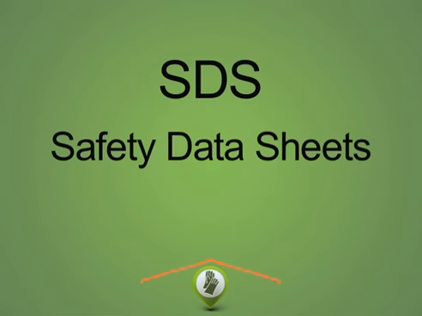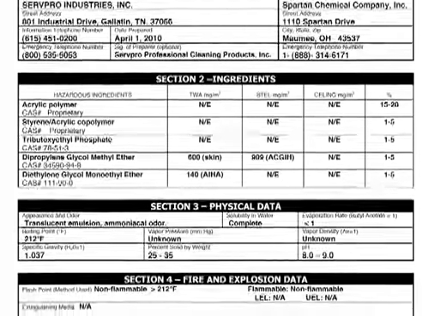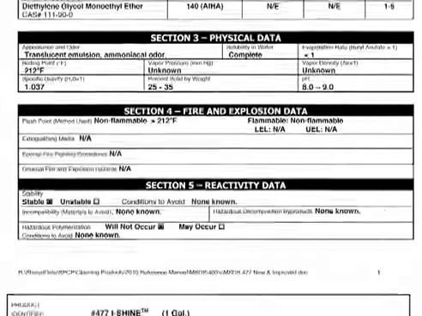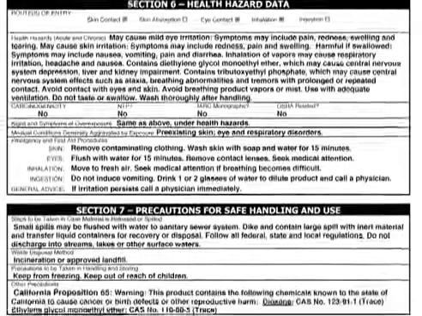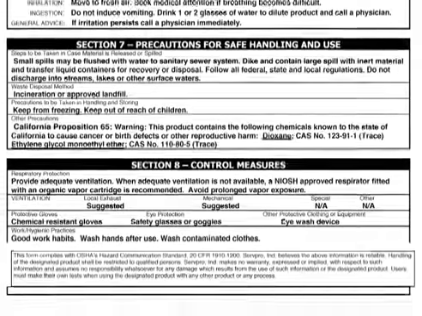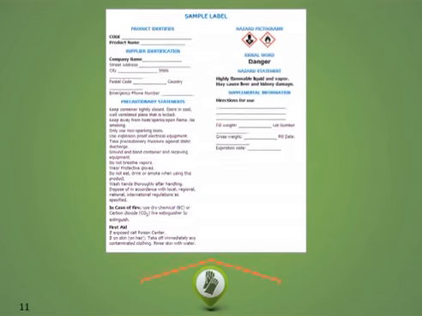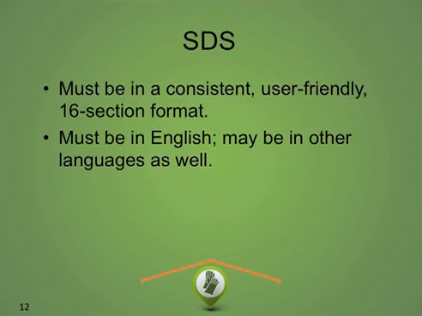Now let's talk about the safety data sheets, or SDS. Here's an example of a current ServPro MSDS. Previously known as Material Safety Data Sheets, or MSDS, which you may already be familiar with. Beginning June 1st, 2015, the Hazard Communication Standard will require new safety data sheets that are provided in a consistent, uniform, user-friendly 16-section format.